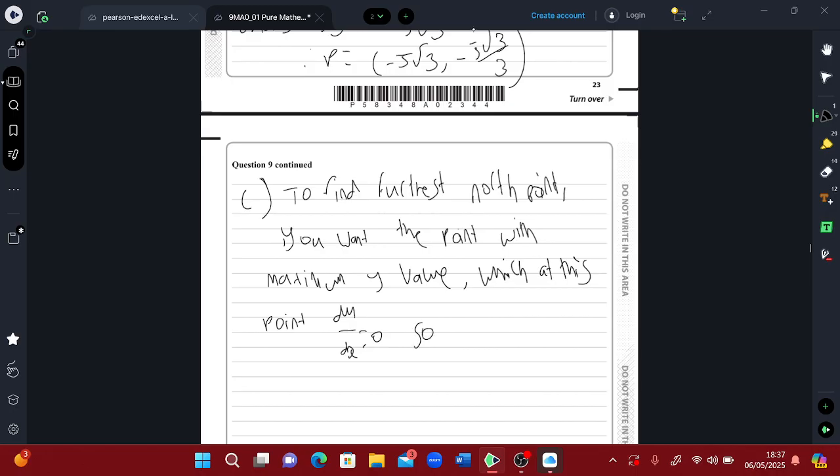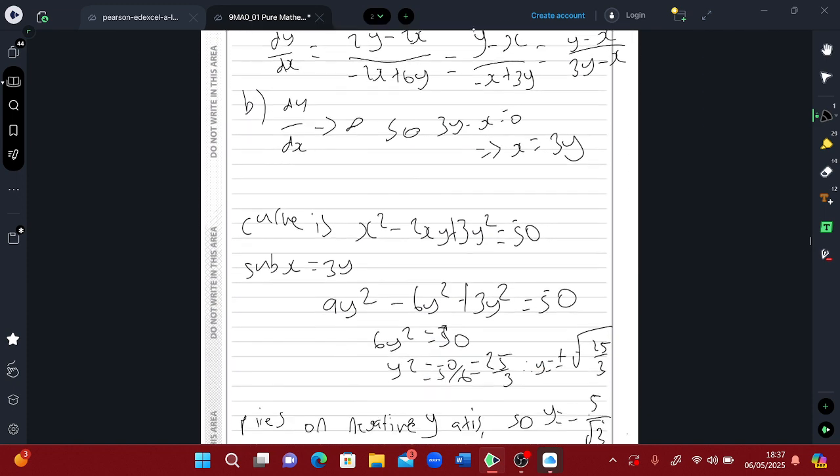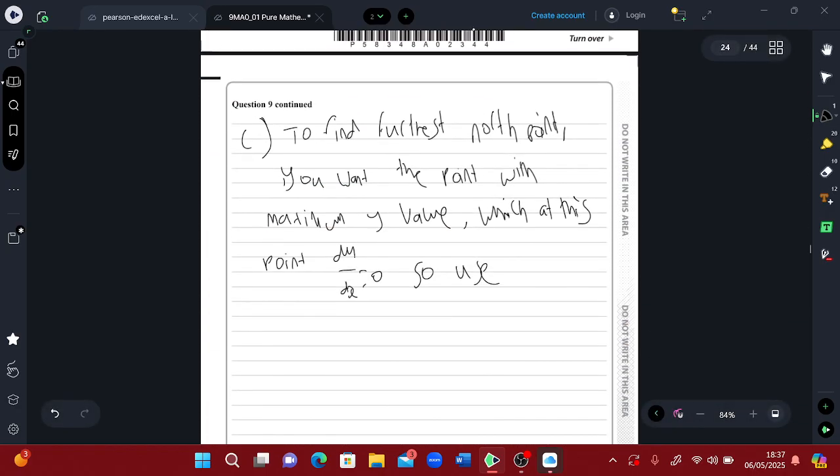So use y minus x equals 0, right? It did say not to carry out the calculation though. So use y minus x equals 0 to find the coordinates.